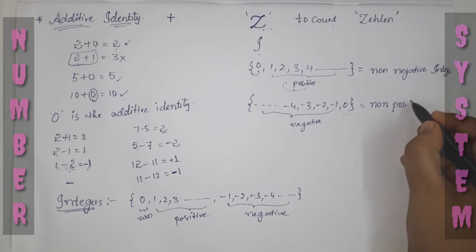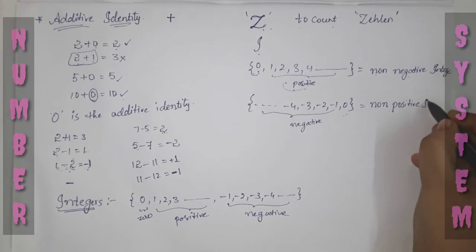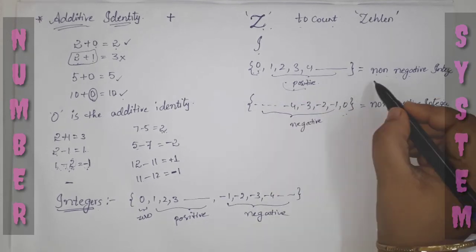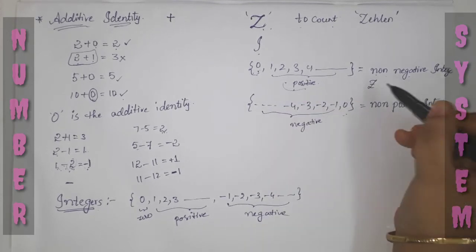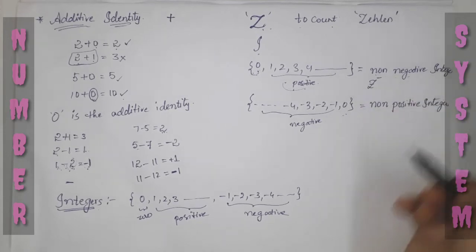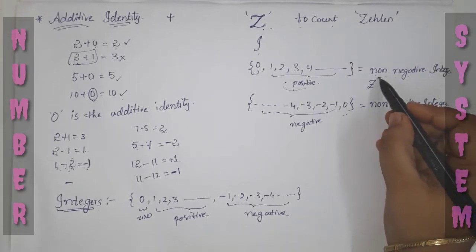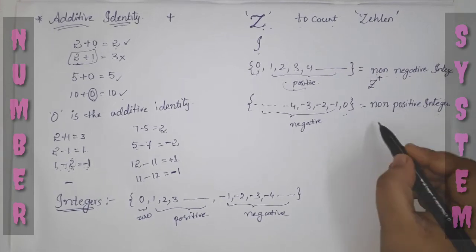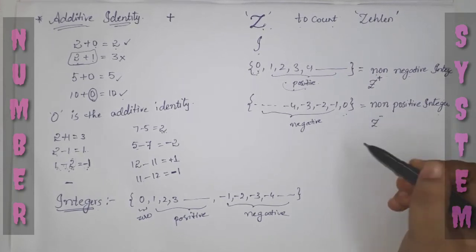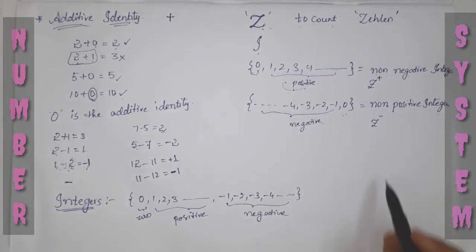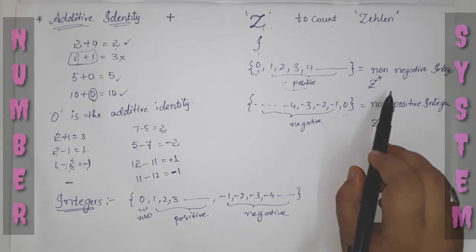Non-positive integers. We represent this with Z minus. Non-negative, no, sorry, Z plus. Non-positive is Z minus, because it has negative numbers.